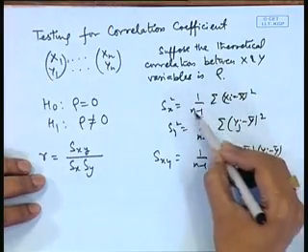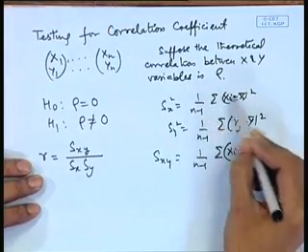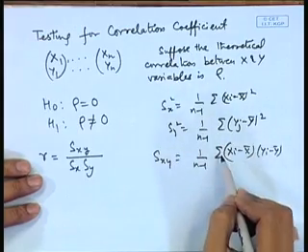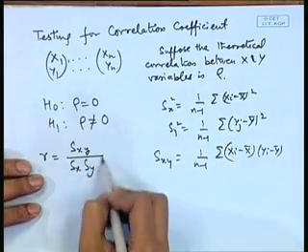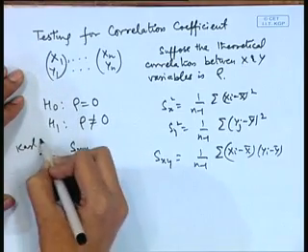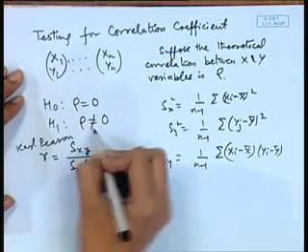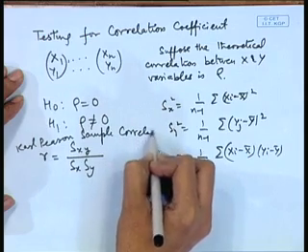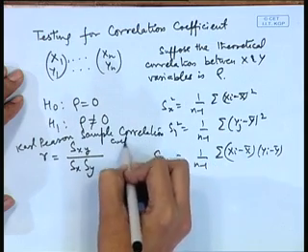These are the sample variances for the two samples, and this is the sample covariance. So, based on this we define the Karl Pearson sample correlation coefficient.